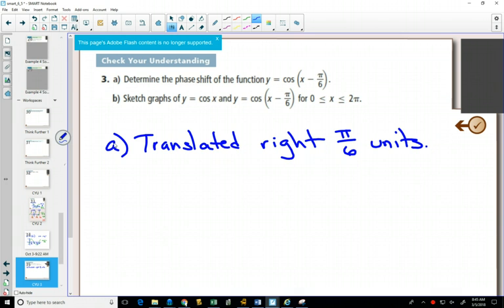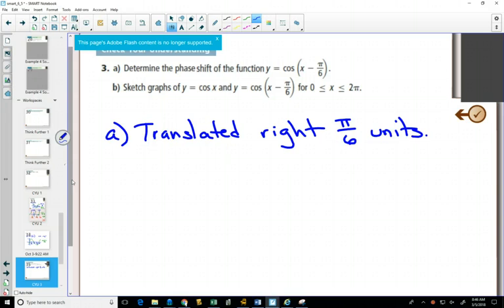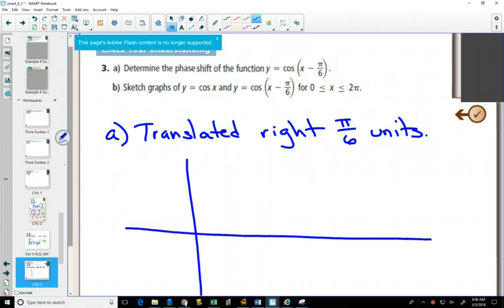What does that look like? Well, it says sketch the graphs of y equals cos x and y equals cos(x − π/6) for 0 to 2π. Again, for both of these graphs, our maximum is 1, our minimum is negative 1, because there's no change in the amplitude. For a regular cos graph, we have a period of 2π, and you could divide that into 4 equal sections.